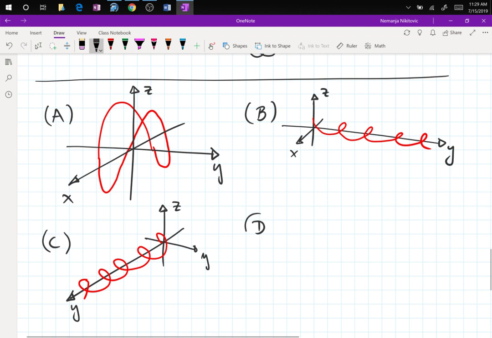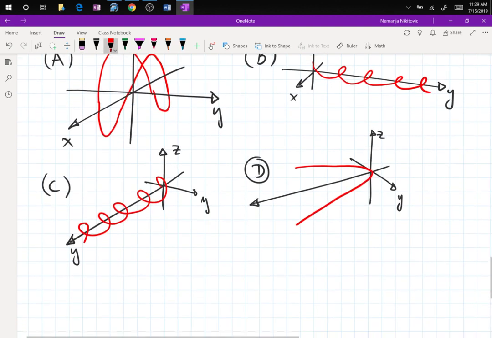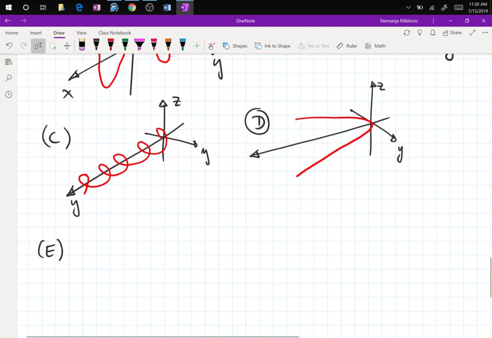D is a line, like it's like a parabola like this. E is a straight line through the origin.